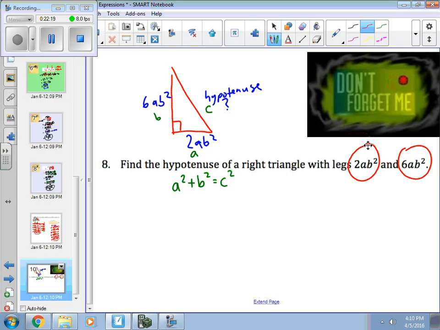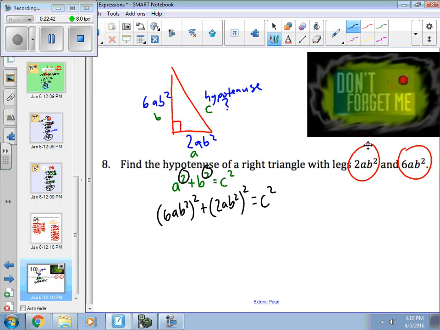If we substitute in, we got 6ab squared, and then it's being squared, plus 2ab squared, also again squared, equals c squared. We want to solve for c. What's c? What's the hypotenuse? So we got to start out by squaring everything here.